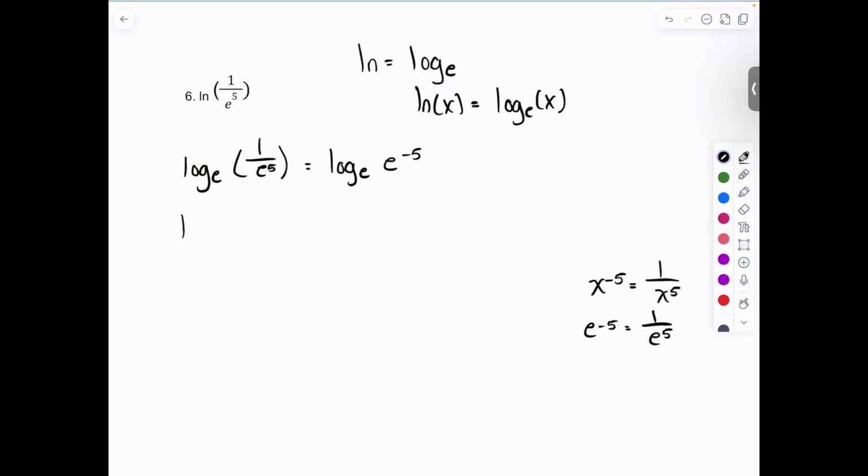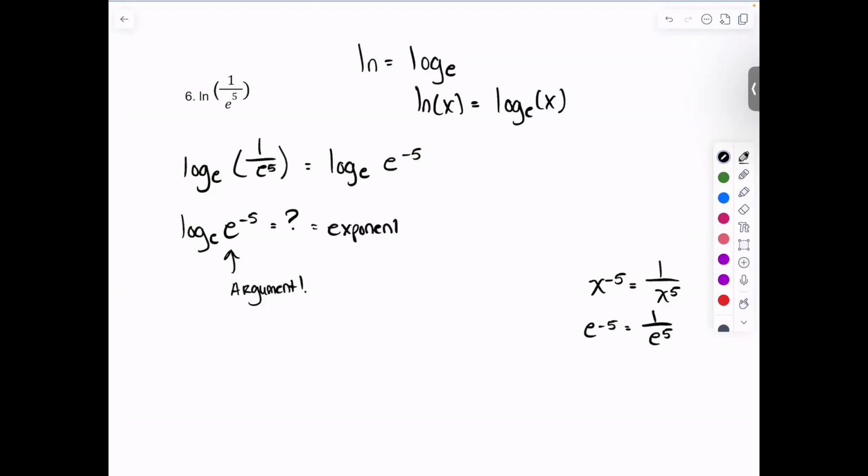And just for space, I'm going to put this down here, e to the negative 5. So what is this? We're now evaluating a log here, and I need to figure out how to evaluate logs with log base e, given my base and what we call the argument right here. I know this is my exponent.